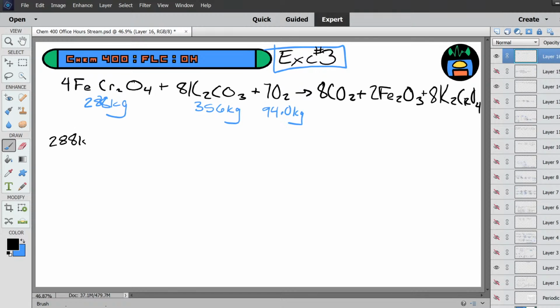We'll start with kilograms of chromite. First, we need to convert our kilograms to grams. So 1 kilogram is 1,000 grams. That is our first unit conversion. Second, we need to convert grams to moles.